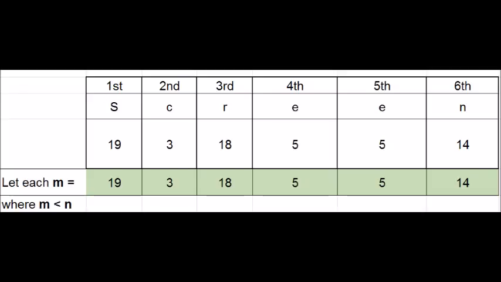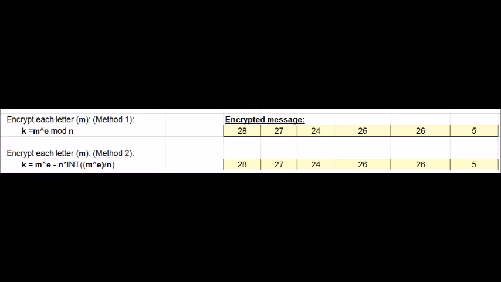So we're going to encrypt 19. Okay? So we're going to make K our encrypted number. So K is equal to M to our exponent, and then we're going to have modular division for N. So essentially, it's our letter to the third, and then it's going to have modular division by our public key, which is 33.